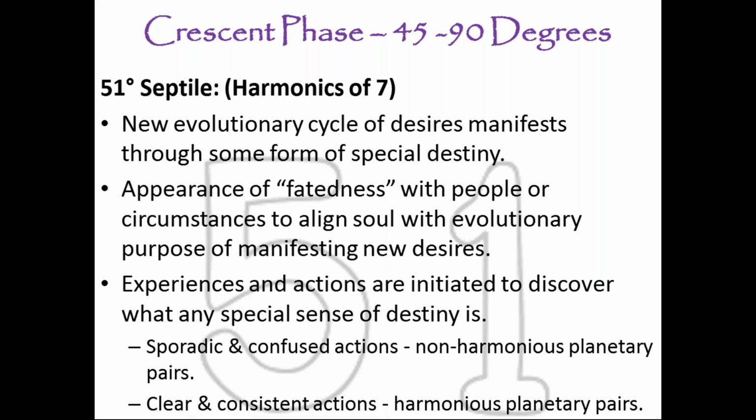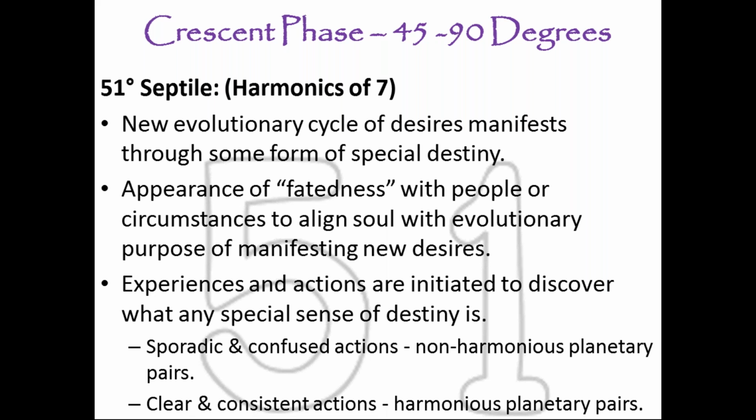What the septiles represent is an appearance of what would be fatedness with people or circumstances in our life that works to align, or realign, the soul with whatever its intentions are relative to the desire nature, the emerging new desires here with Pluto and Mars.